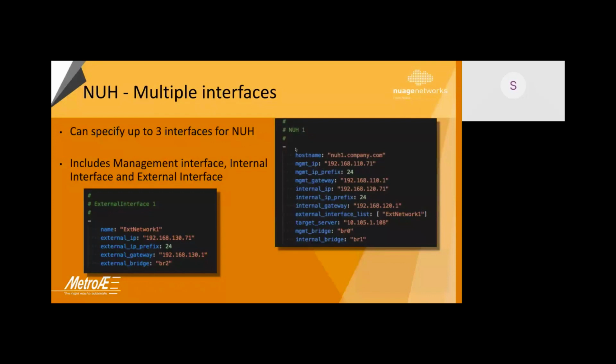In the NUH file, you can add the management and the internal interfaces as follows, and also add a link to an external interface. And in a separate external interfaces file, you can specify the IP addresses, and this configuration will create 3 interfaces for NUH.